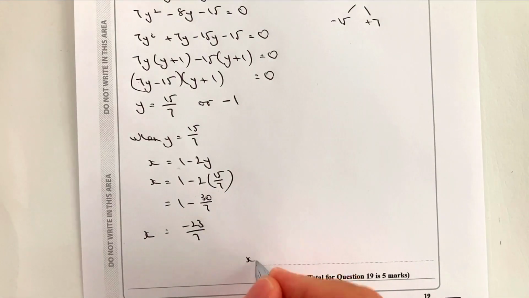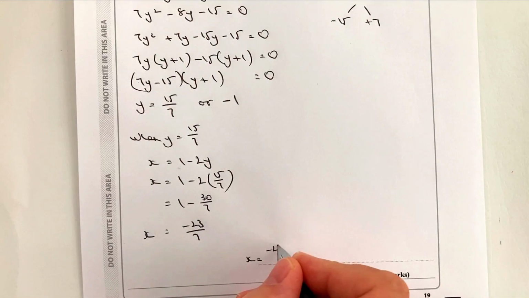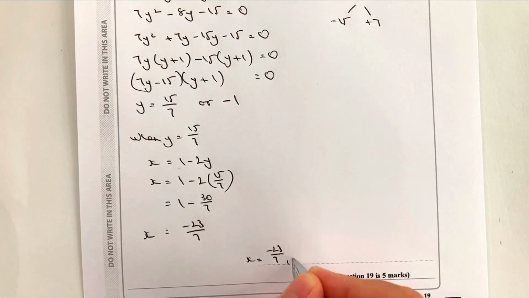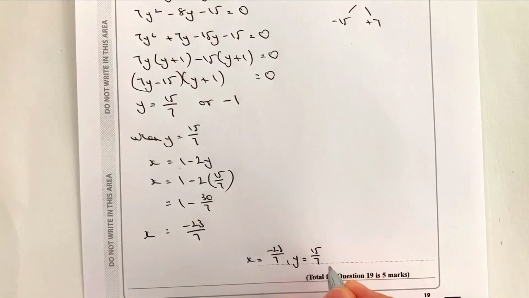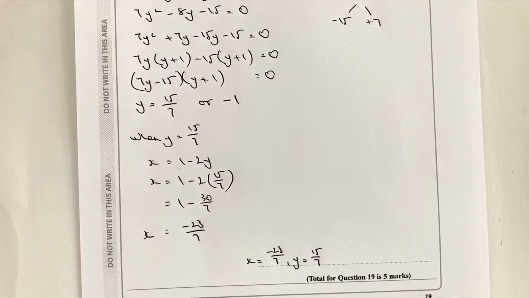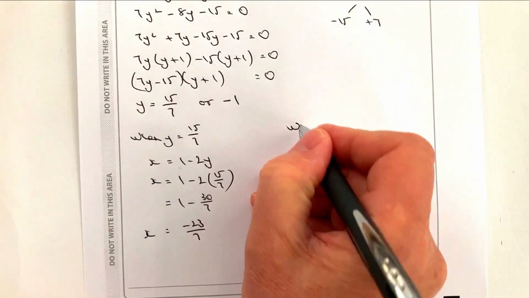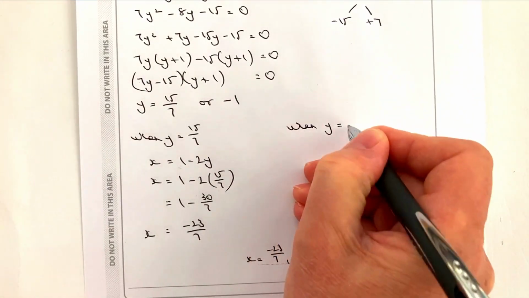So I'm going to write that down here. x equals minus 23 over 7 when y equals 15 over 7. That's my first answer. And then my second answer is when y equals minus 1. So I write in here when y equals minus 1.